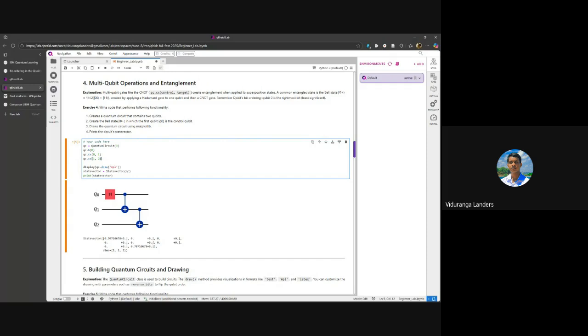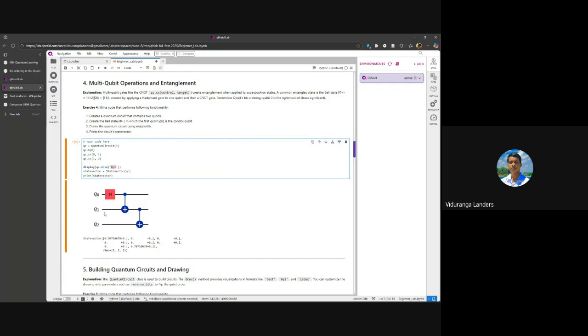Here, what we are using is the display function with qc.draw. Even if you use qc.draw with mpl, it should draw the circuit, but it's good to use the display function as well.